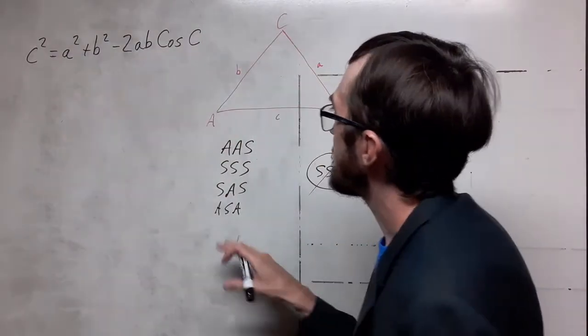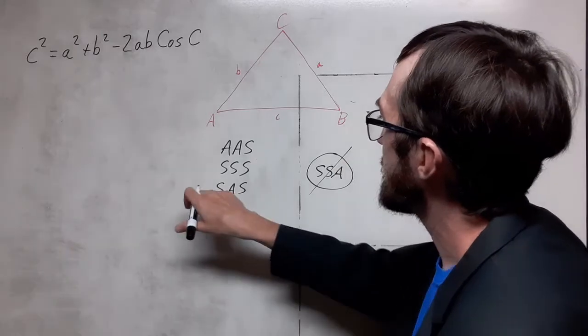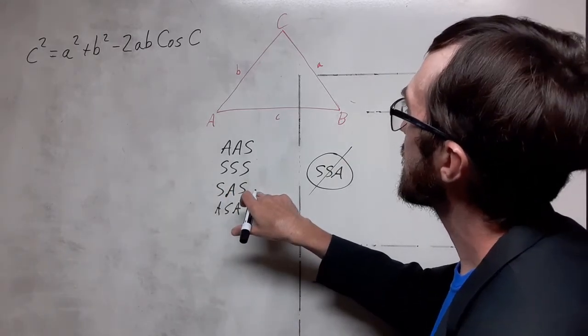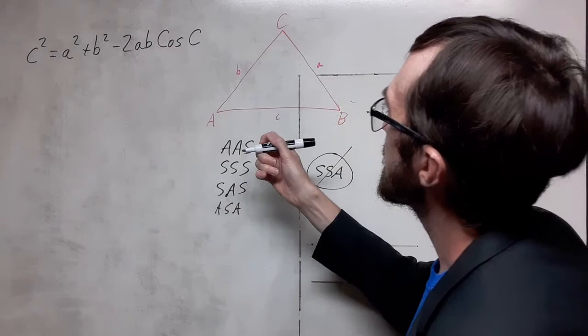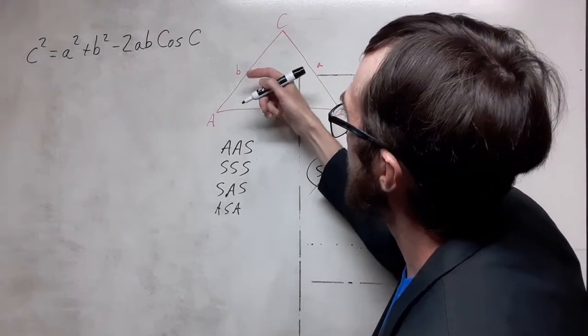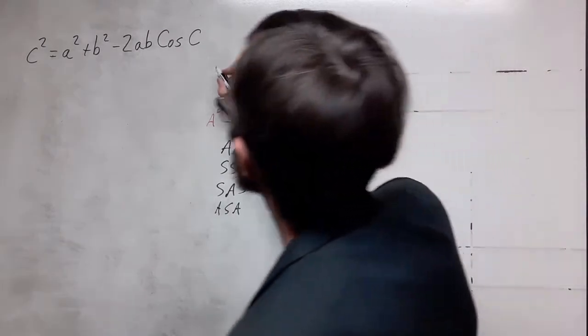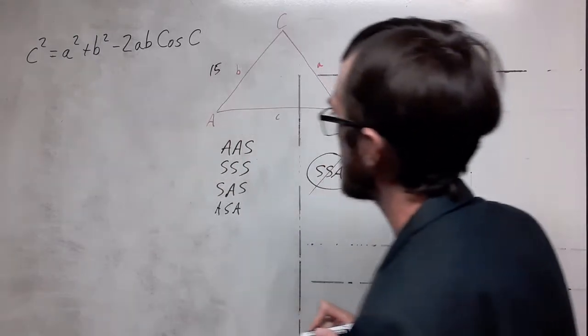So what do we mean by this? Let's look at side, angle, side as an example. Let's say that I know that this side, side B here, is 15 units.